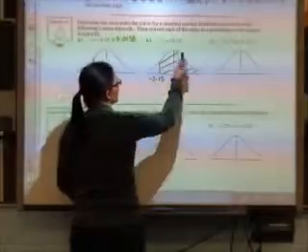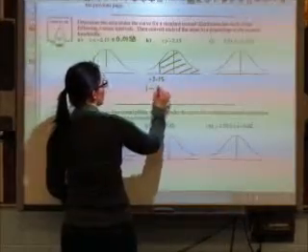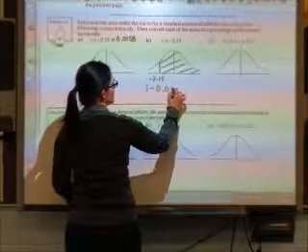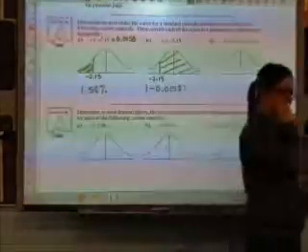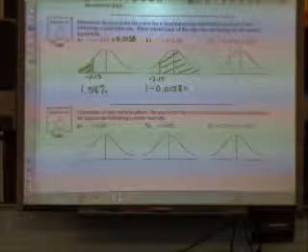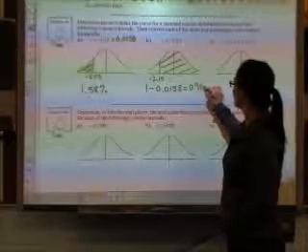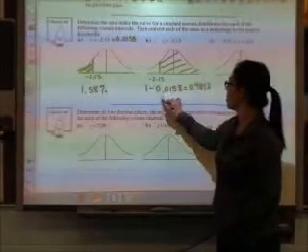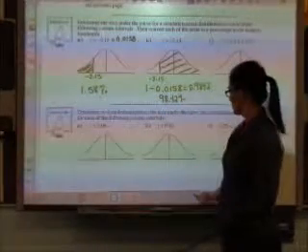So if I went 1 minus this value, that would give me the area to the right, which would equal 0.9842 or 98.42%.